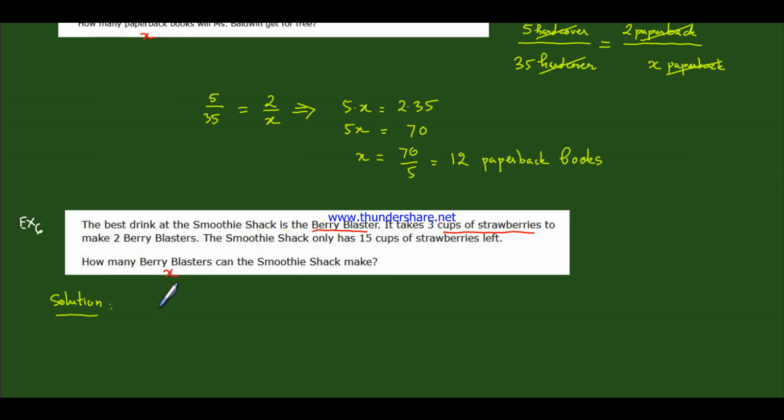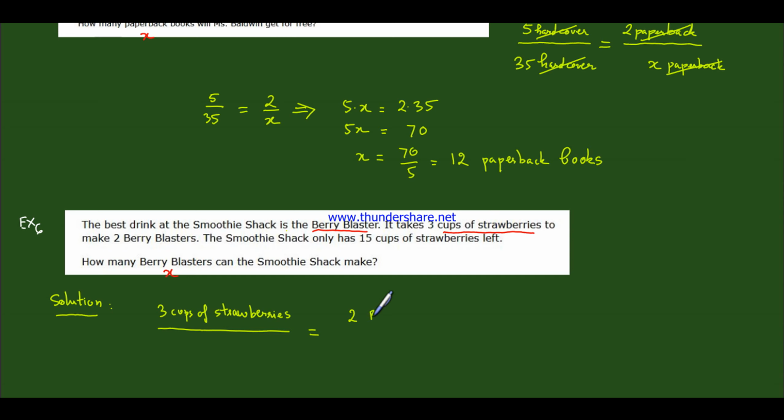So 3 cups of strawberry. As long as you're good, you don't have to write the way I am doing now. But because I consider you very new, you're gonna write like this to make two different quantities, cups of strawberry and berry plaster.